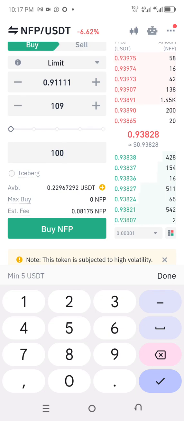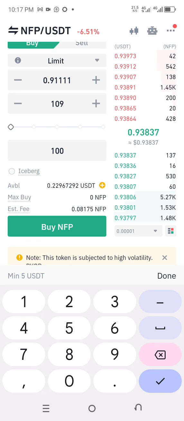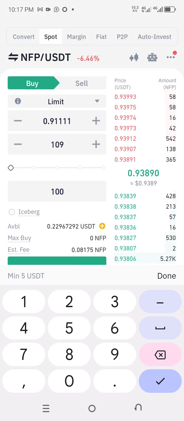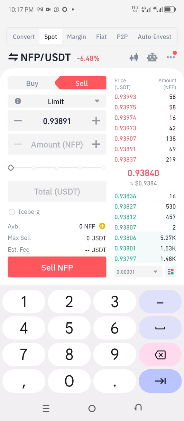So the moment you click on buy, you appear at the order here. So the moment the price drops to where you want to buy, it will pick your trade. And once it picks your trade, you watch. You sell when it goes back to this same volume, or when it goes back to 0.93, you sell for profit. You see?